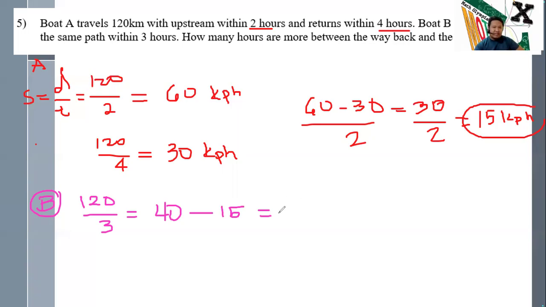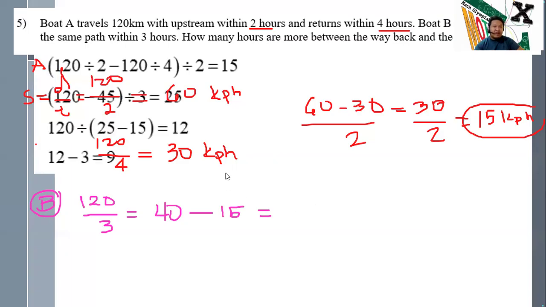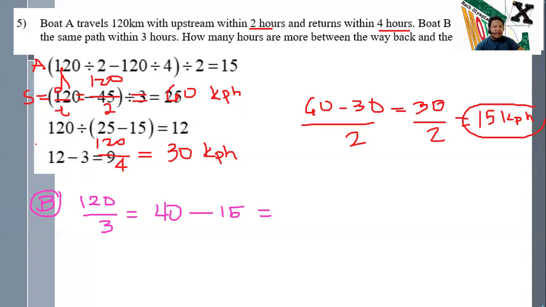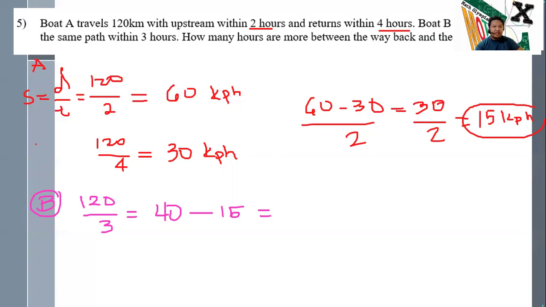So that means, wait now, let me double check. 40 minus 15, that will give us 25 kilometers per hour. Okay, that's 25 kilometers per hour.